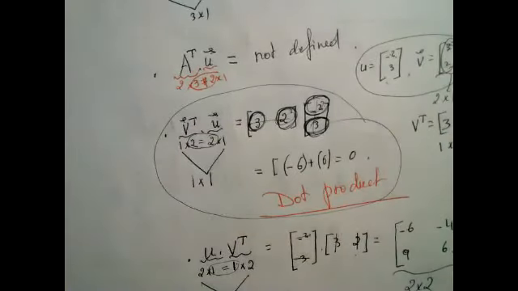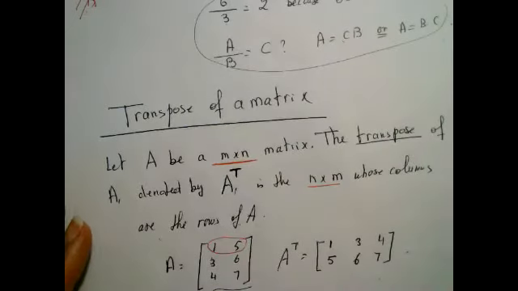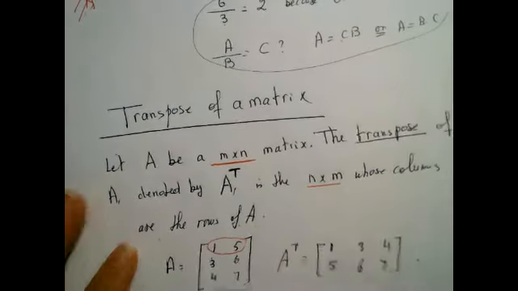Now the transpose has its own properties as well. Let's see some of the properties of the transpose of a matrix. So everything has its own properties. Properties of the transpose.